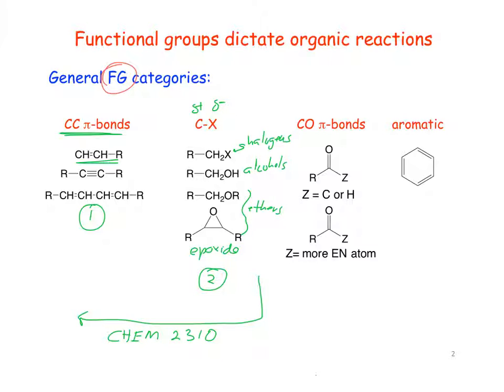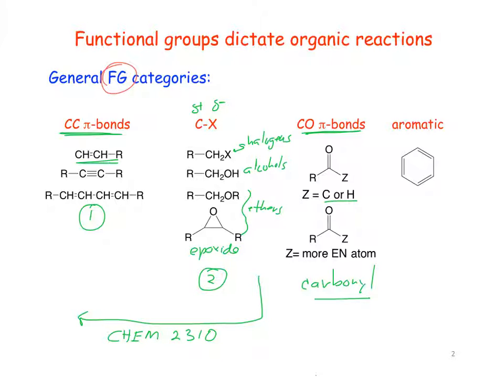In 2320 there are 2 main categories of functional groups. One are the groups that have carbon-oxygen pi bonds, and these are referred to as carbonyl groups. Those carbonyl groups can either be connected to just carbons or carbon and oxygen.